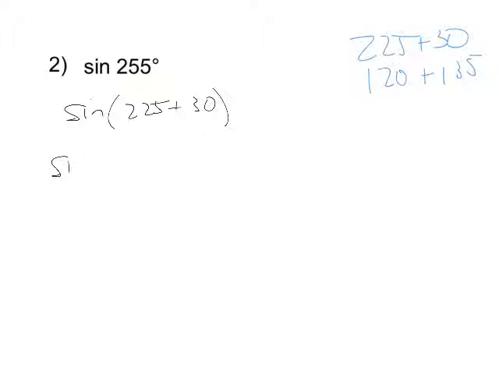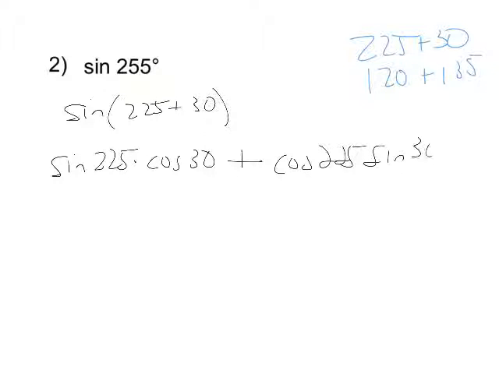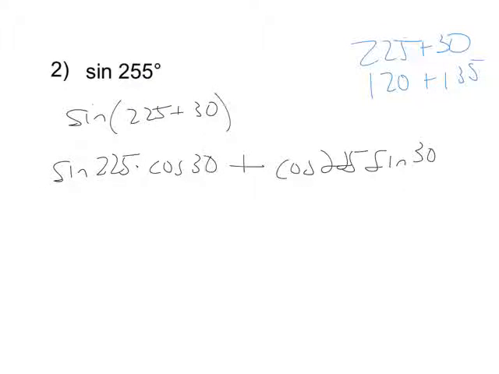We're going to do the sine of the first times the cosine of the second, plus the cosine of the first times the sine of the second, okay? That is literally me just pulling that off of the blue sheet. Sine of u plus v is sine of u cosine of v plus cosine of u sine of v. And it's just easier to say first and second.